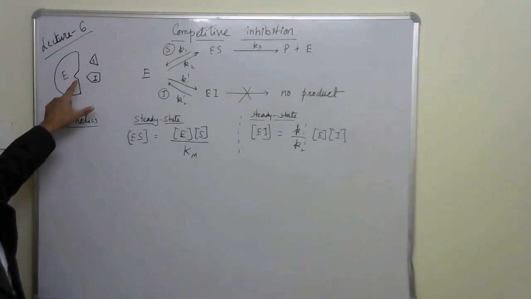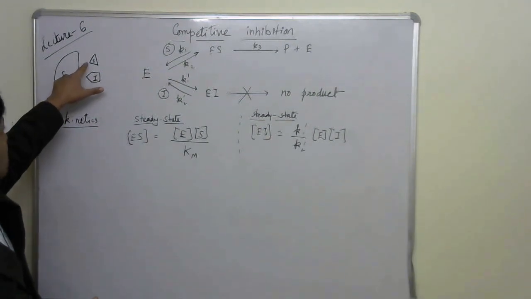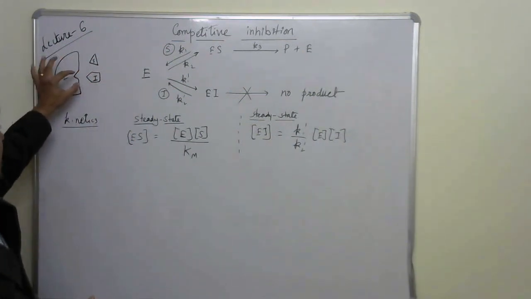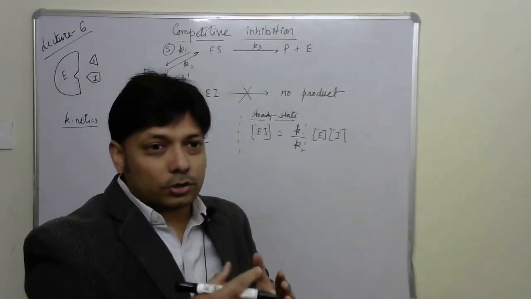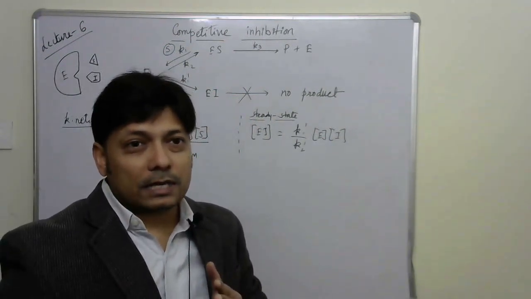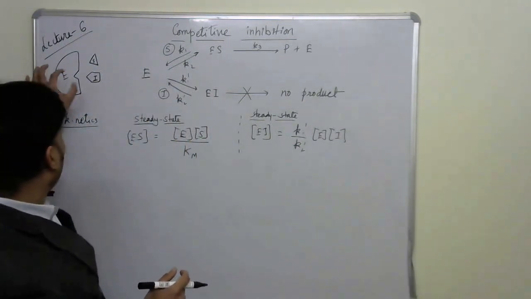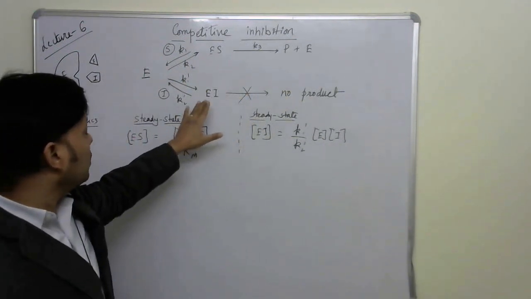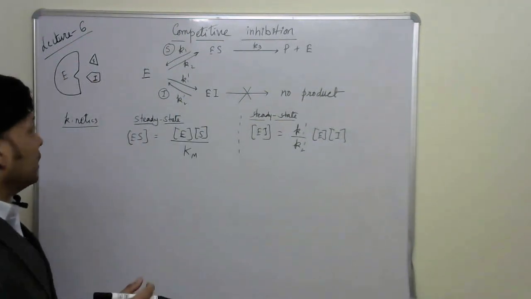Here I have drawn a triangular ridge and a triangular block on S and I. Their total structures are different, but at the active site both have a perfect match for the lock. So here we are talking about duplicate keys. Both of them can bind to the active site, but once ES is formed we get the product, and when EI is formed we don't get the product. That's how the inhibition works.